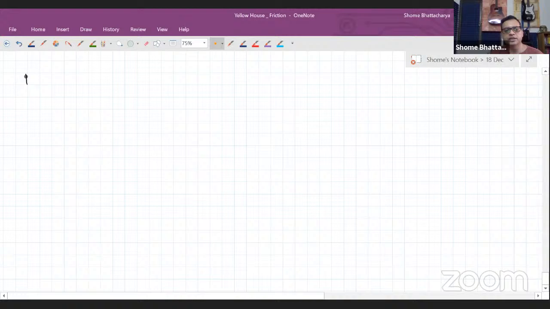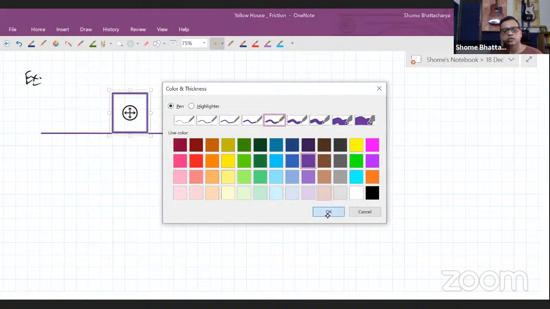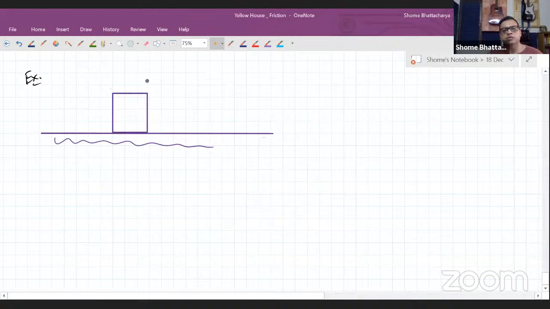Okay, now let's come to an example to understand this better. I'll take the same kind of situation as earlier. This time I have a block of mass 10 kg. Again, we'll take g as 10 meters per second squared.